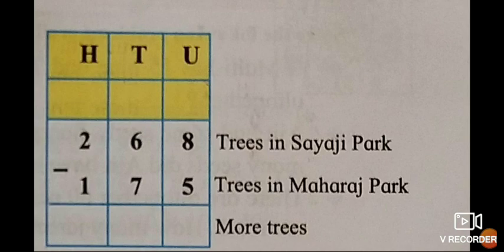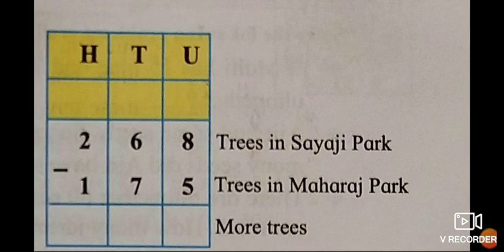Here in short, we have written trees in Sayaji Park. That is 268. And how many trees are there in Maharaj Park? In Maharaj Park, there are 175 trees. But we have to know the difference.